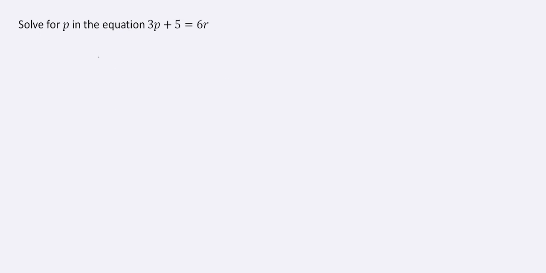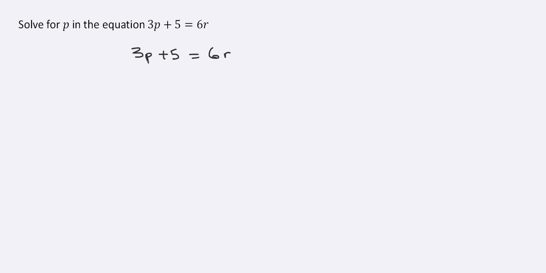Second example, solve for p in the equation 3p plus 5 equal to 6r. So I'm going to first write the equation 3p plus 5 equal to 6r. We're trying to isolate p. The first thing we're going to do is look at the 5 here.